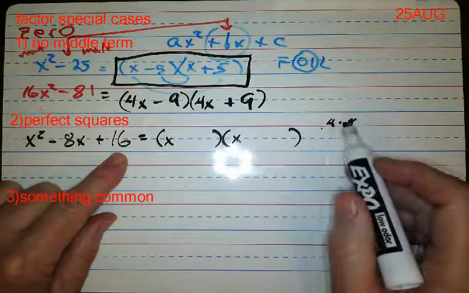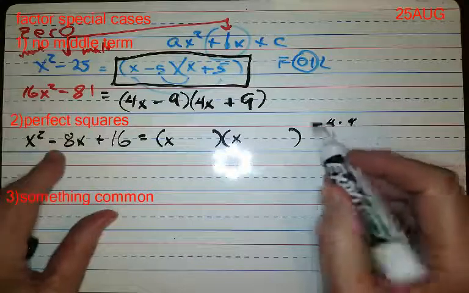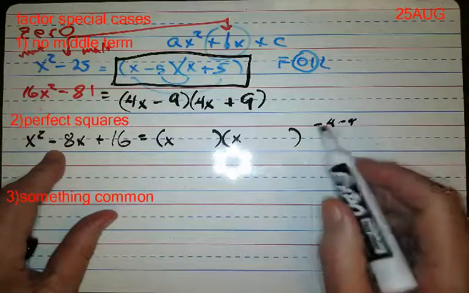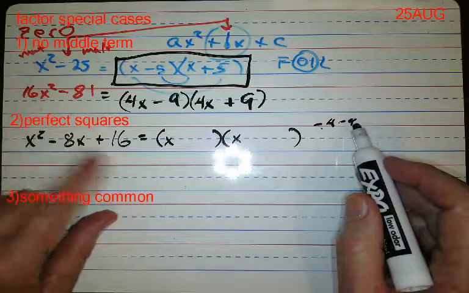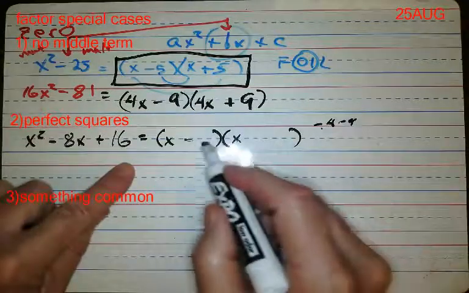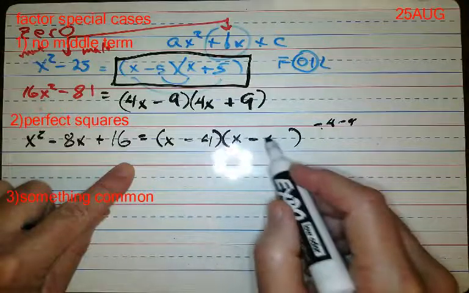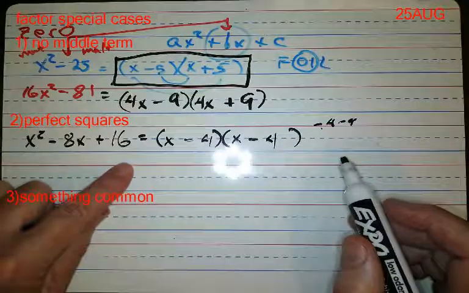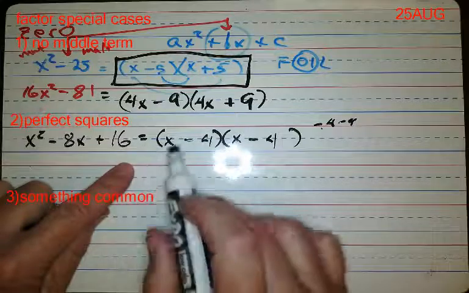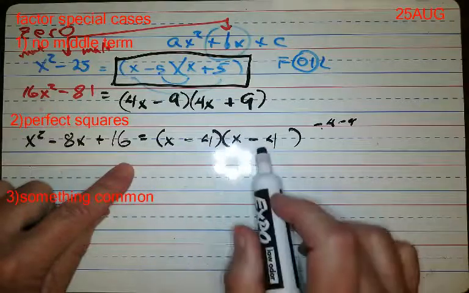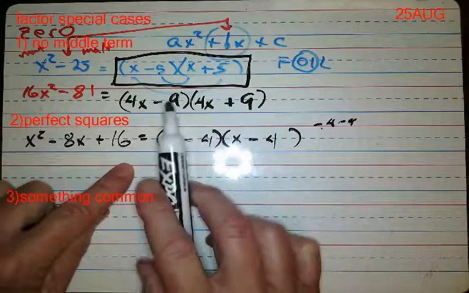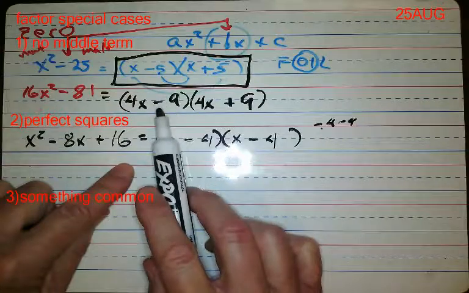But when I add those, I get positive 8. Whoops, I want negative 8. So it's negative 4 and negative 4, right? So what it means by perfect squares, whenever we say perfect squares, is that these two things are exactly the same. See, these up here were not. They were almost the same.